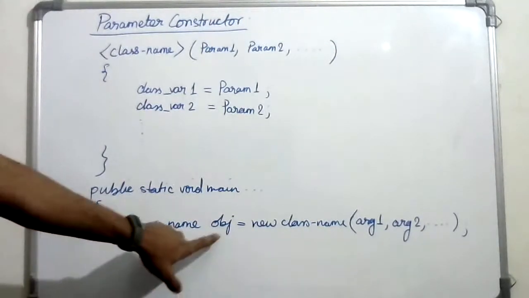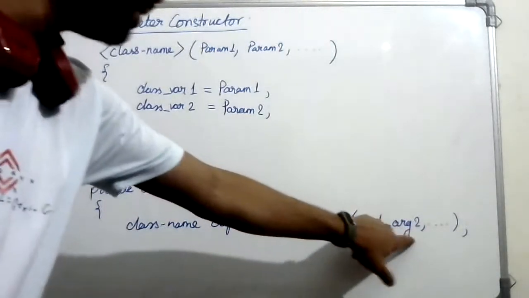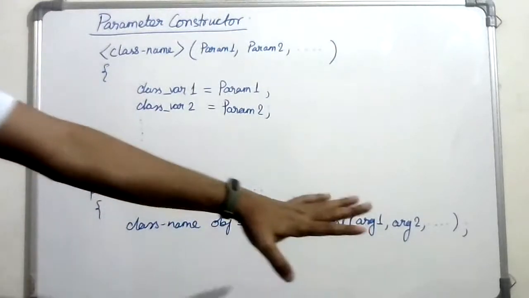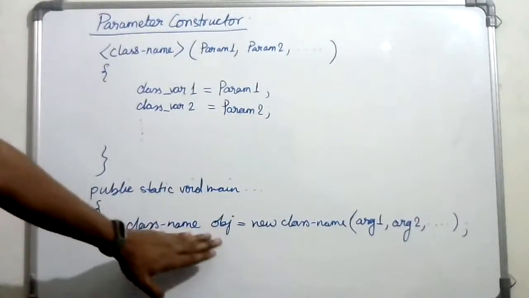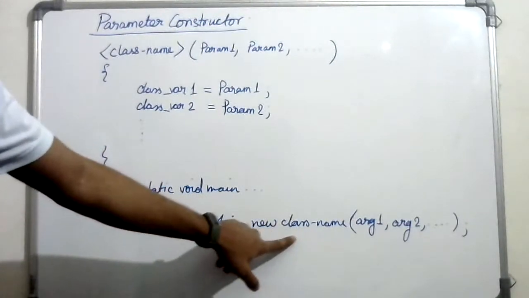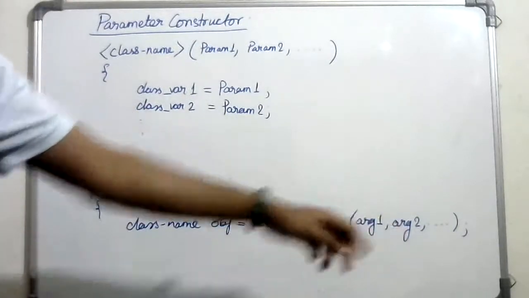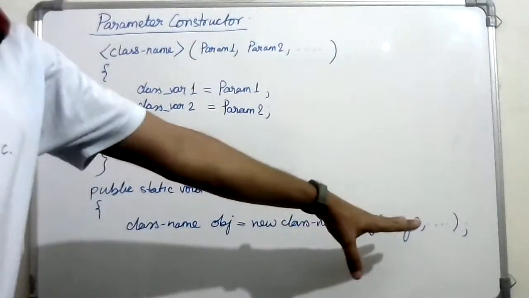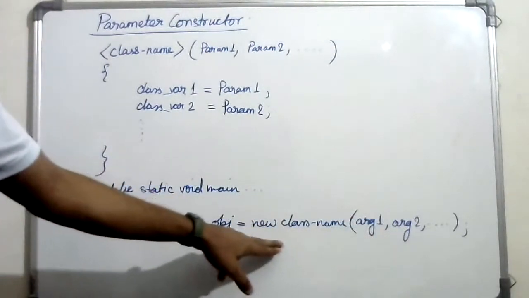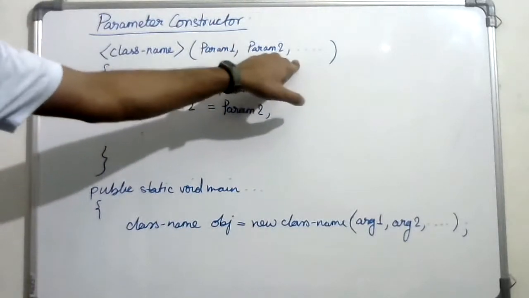So when I'm creating the object, the constructor needs to be called, and I'm passing certain values in the constructor brackets. Those values are called arguments. Just like a function call, these values must be received into variables in the function header.